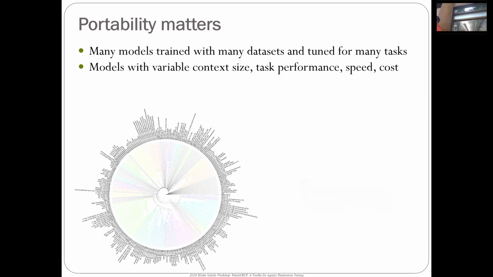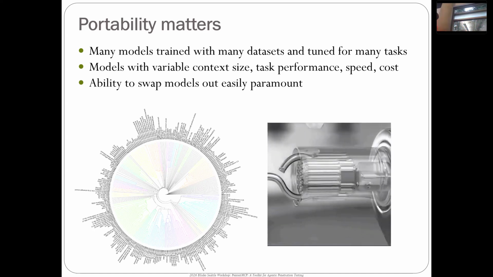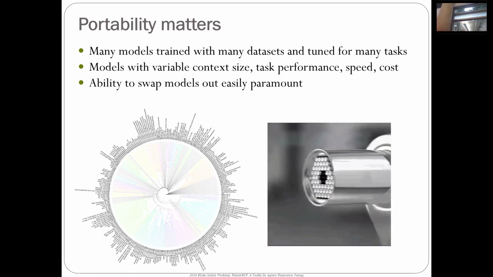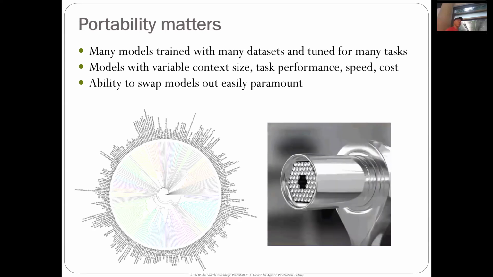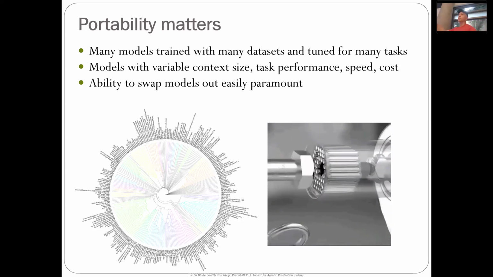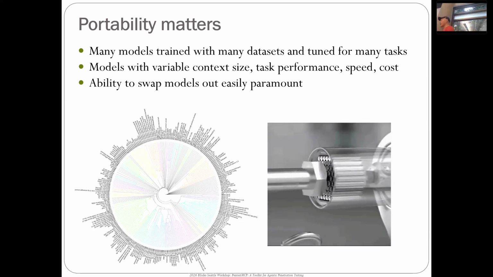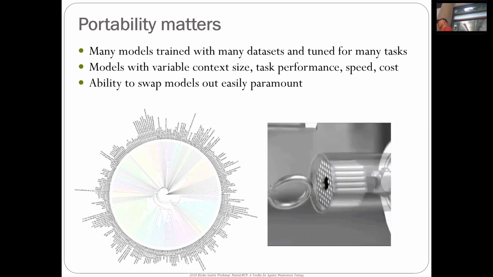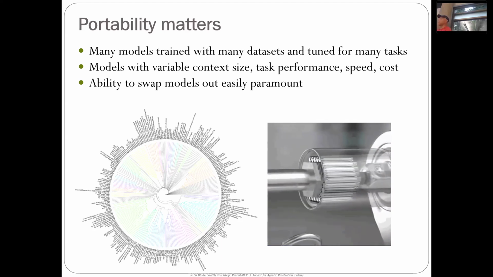This is a picture of all the different models from 3 years ago. You're like, that's 3 years ago. It's like, wait, you can't even visualize it in a plot, and this is all around the edges. This is where portability matters when you are building your application. And this is why we're using LangChain. I view LangChain as a portable layer, an operating system layer for the LLM model. So you want something that does this.